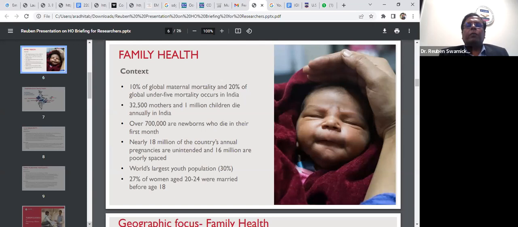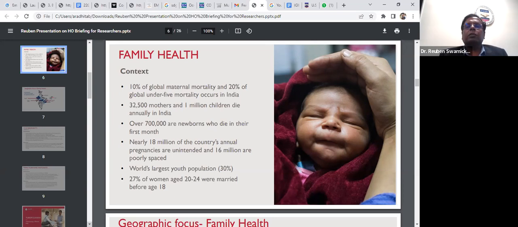So, why are we working in family health? And these bullets will drive the point home. 10% of global maternal mortality and 20% of global under 5 mortality is in India. 32,500 mothers and 1 million children die every year.